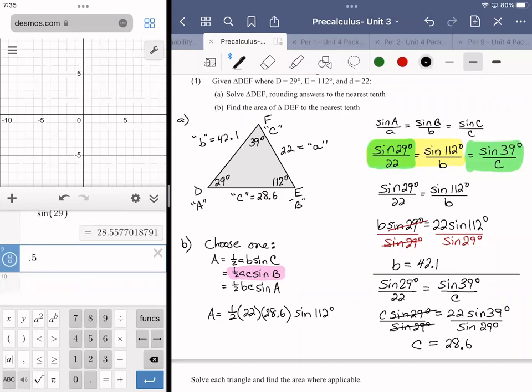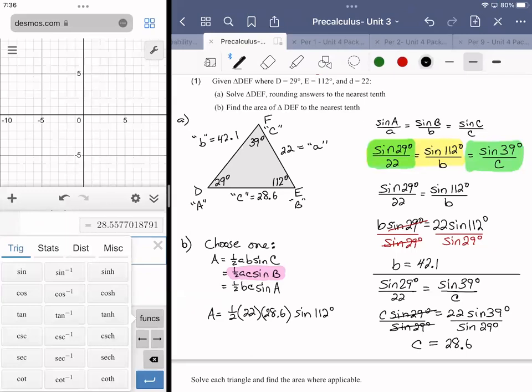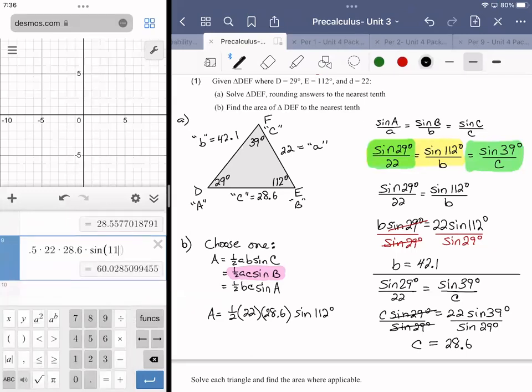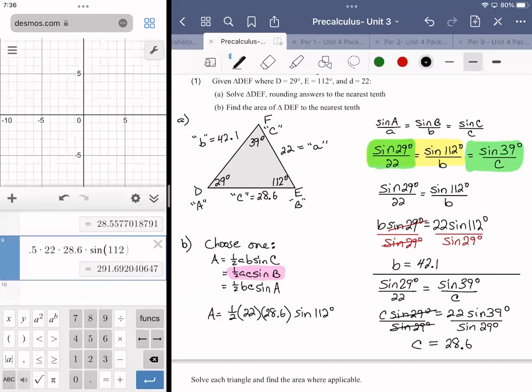So 0.5 times 22 times 28.6 times the sine of 112 degrees. Just again, making sure that you're in degree mode, you're looking at about 291.7. And that would be square units. They didn't give us any units, but for area, we want to make sure that they're square units, whatever the units are. All right, so 291.7.